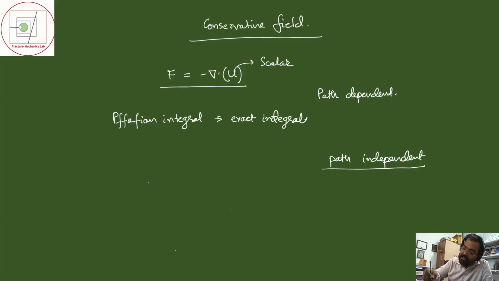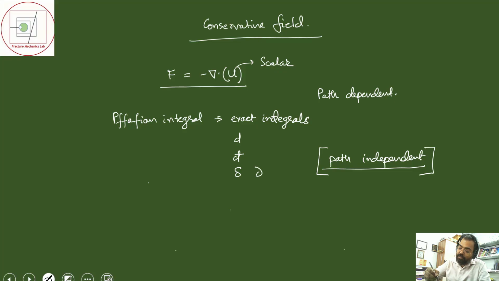So exact integrals in the books of thermodynamics is denoted with a symbol small d, and when you have exact integral, then the forces are conservative, the field is conservative, and the variable is path independent. And when it is not, then in some textbooks you will see that it is described by a symbol like this, and in some textbooks it is described by a symbol delta. So not partial derivative, but this kind of delta, not this delta, this delta.